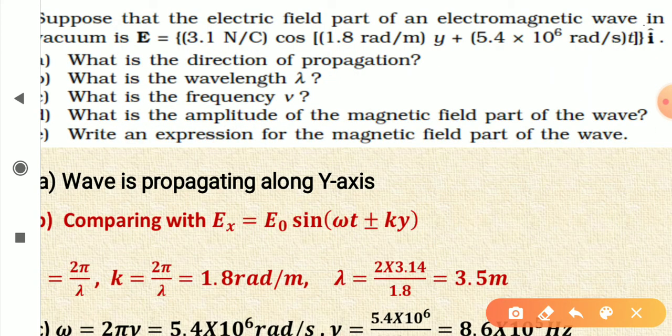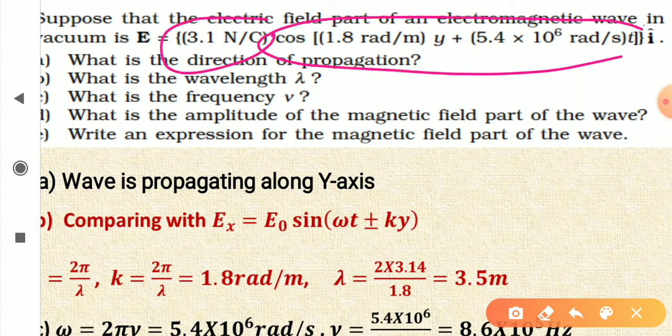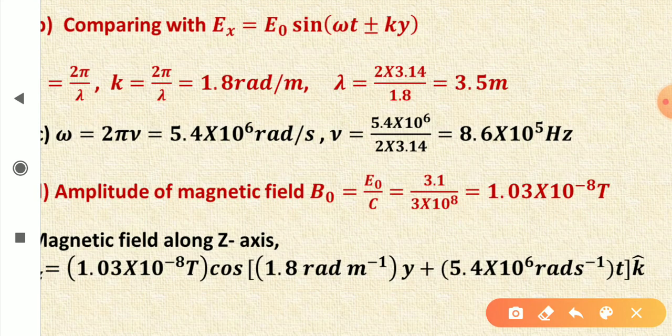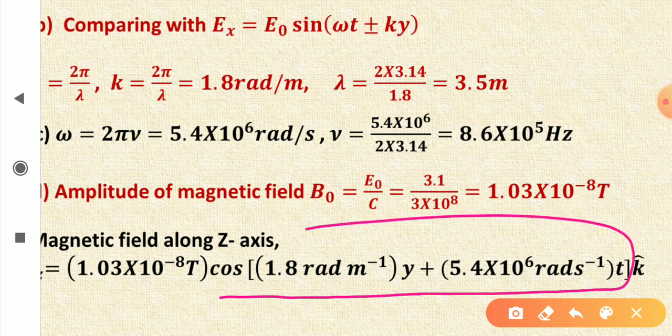Only this will change and this part will be copied as such without any change because they are in the same state of vibration all the time. So just copy the things inside the cos, and since it is along the z-axis, you get k cap, Tesla.